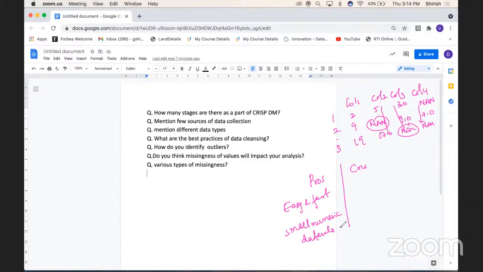But sometimes it may not give you appropriate results. It does not factor in the correlation between the features. So finally, we can say it is not very accurate.